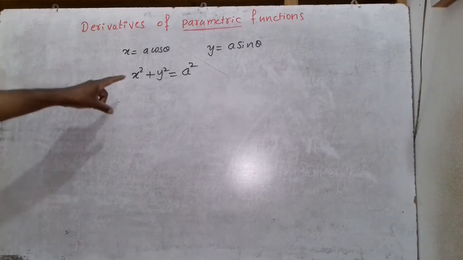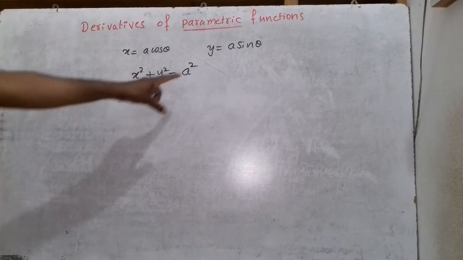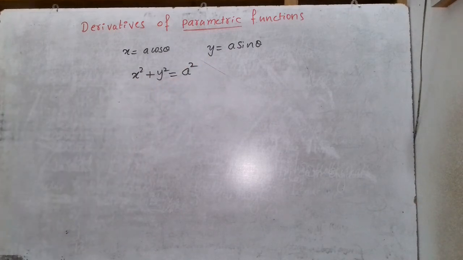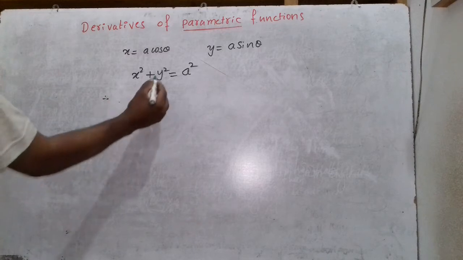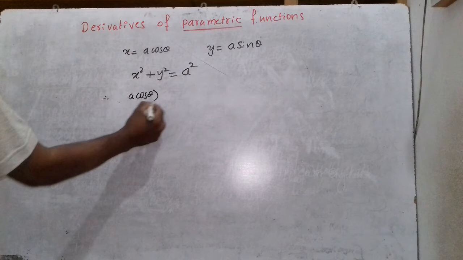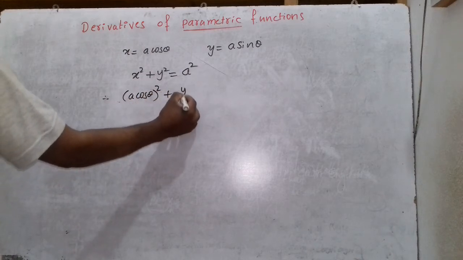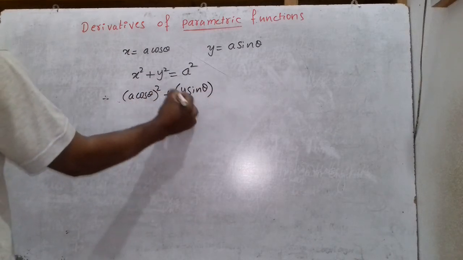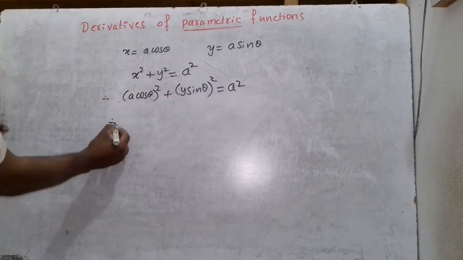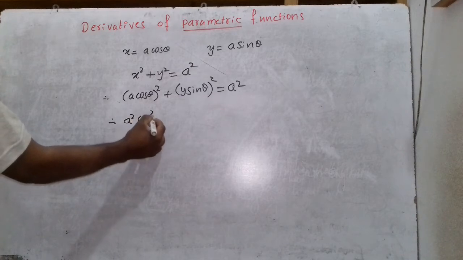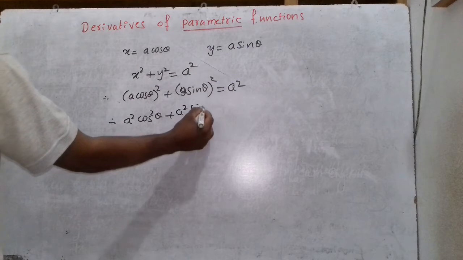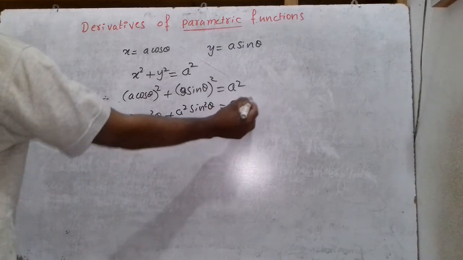If you substitute x equal to a cos theta and y equal to a sin theta in the equation of the circle, therefore (a cos theta) square plus (a sin theta) square equals a square. So a square cos square theta plus a square sin square theta equals a square.